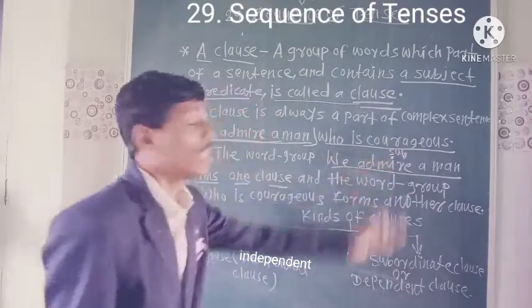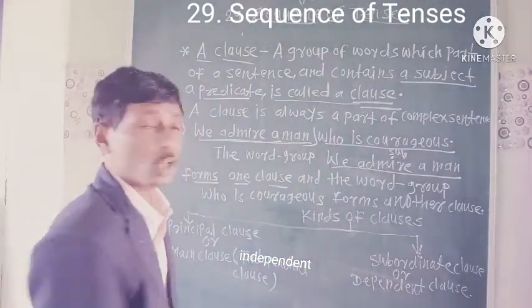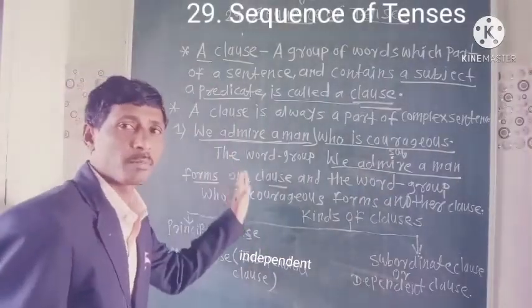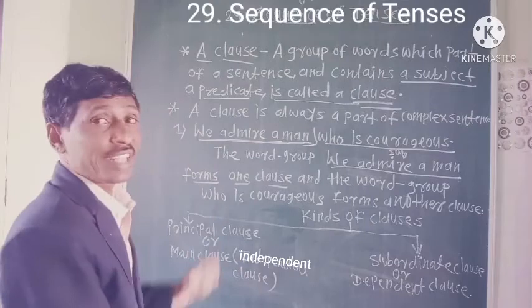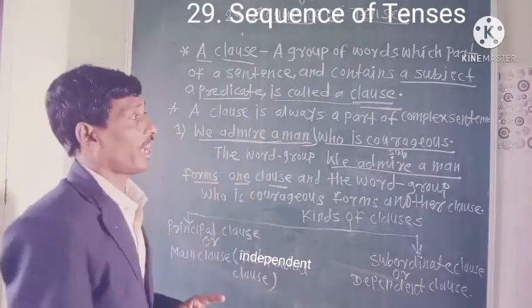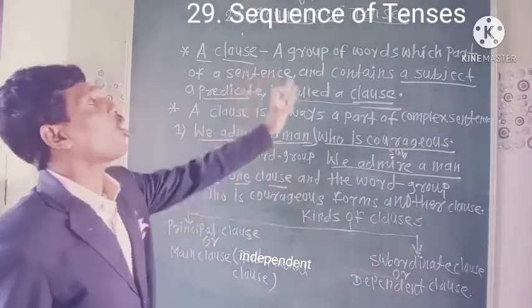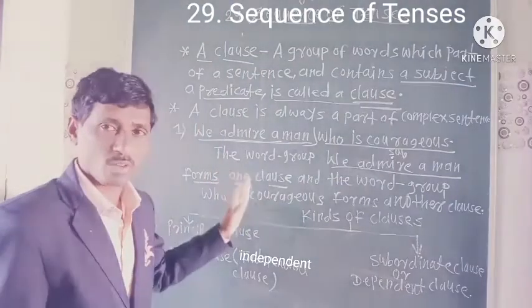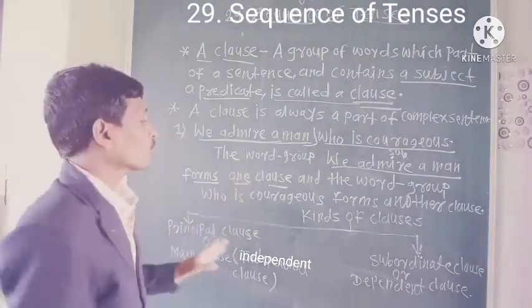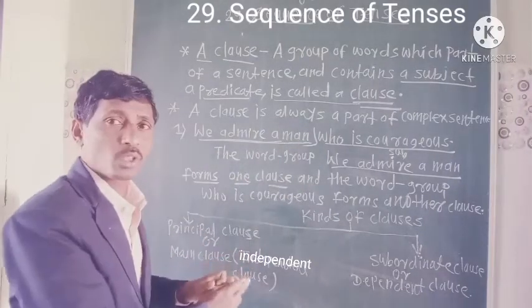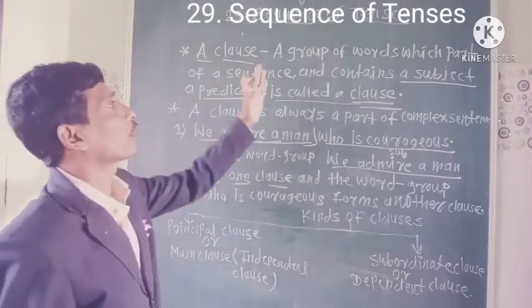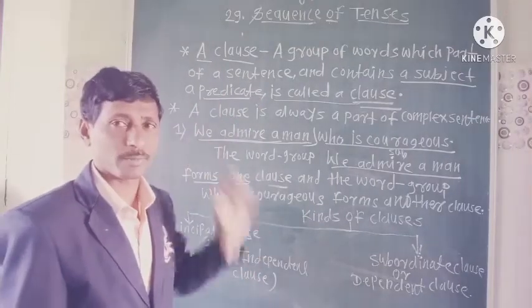This clause depends on the first clause, the principal clause. So all complex sentences are made of clauses. This is how I explained the clauses, and now again I want to explain sequence of tenses.